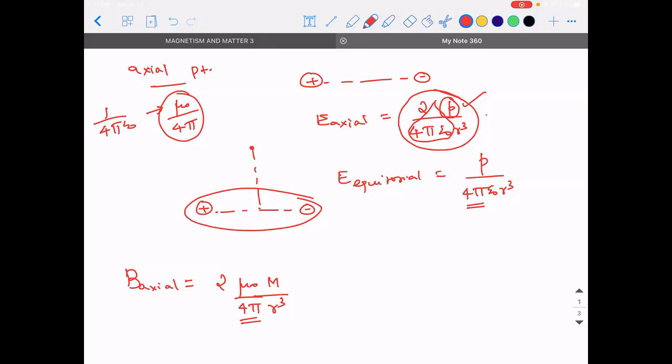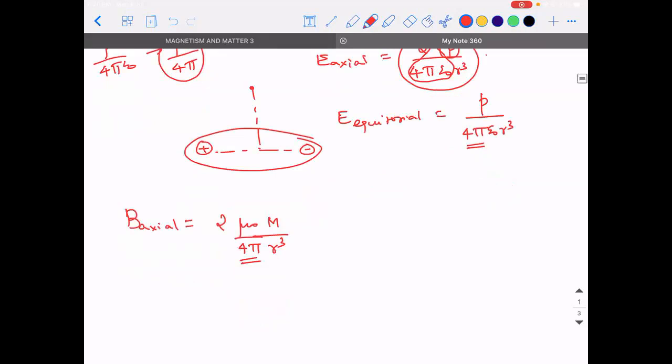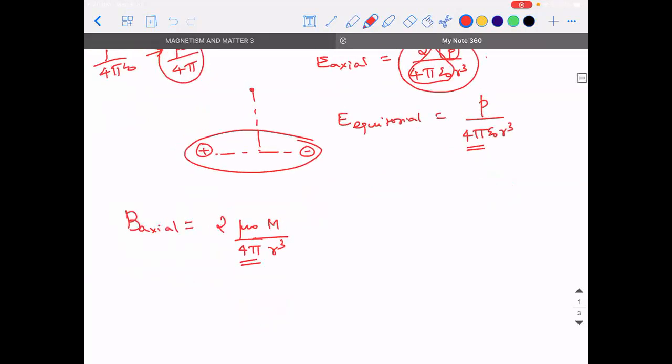In a similar way, what will be the magnetic field at the equatorial point? You guess it. Without the 2, it is mu naught M by 4 pi r cube. That is not epsilon naught, it is mu naught.